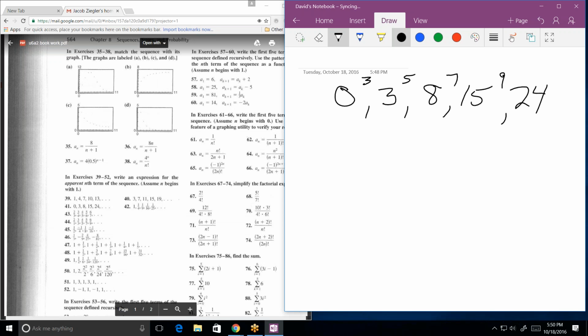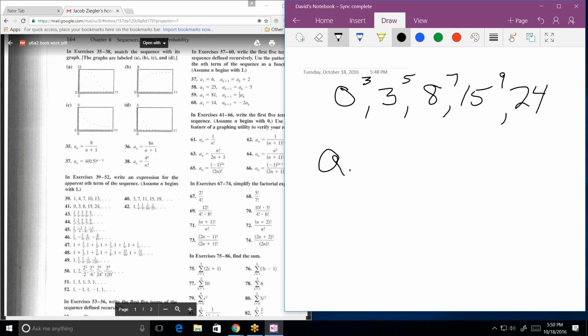But I'm not sure I know how to put that into an nth term expression. Let's see if we can figure it out. Oh, man. Well, they don't make these easy. Well, let's see.